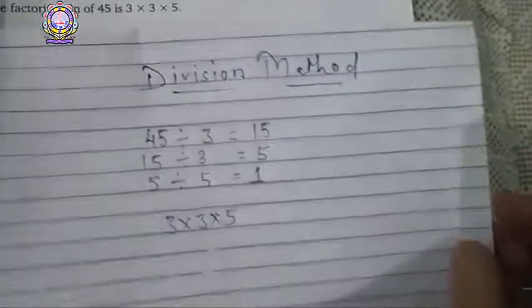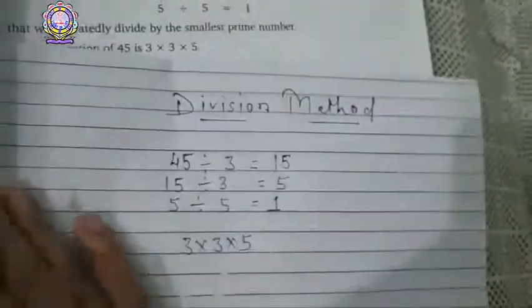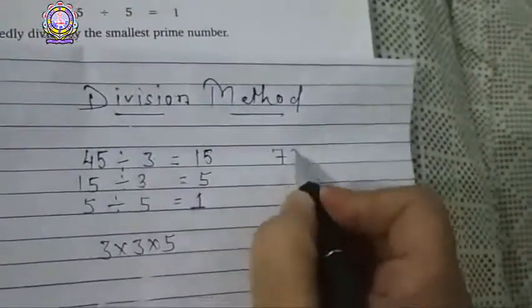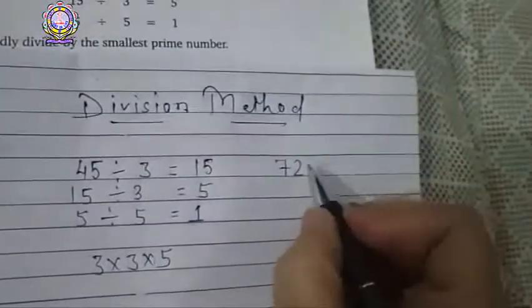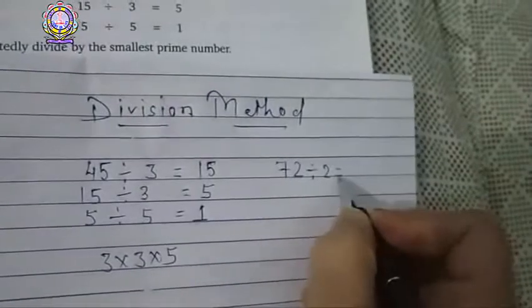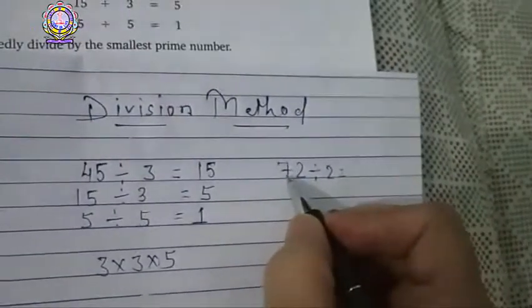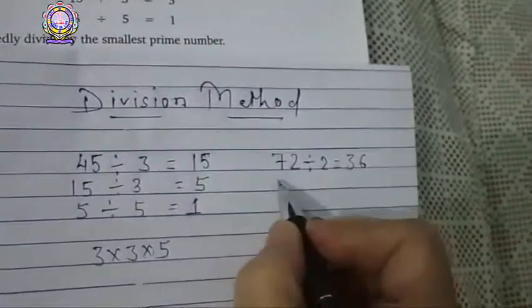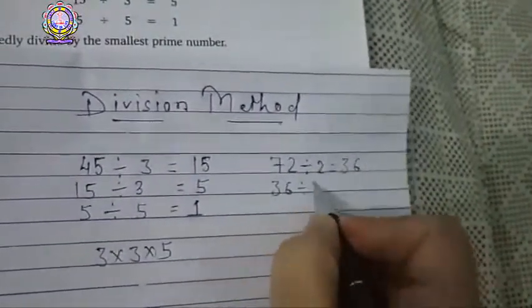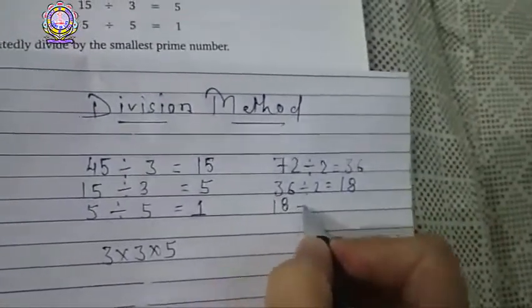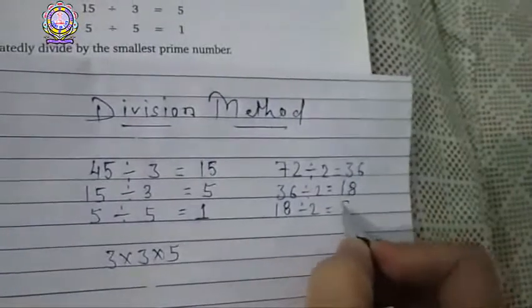Okay. Let's see another example. 72. So the smallest factor of 72 is 2, because 72 is an even number, so we can divide it by 2. If we divide 72 by 2, we got 36. Again 36 divided by 2, we got 18. 18 also divided by 2, we got 9.